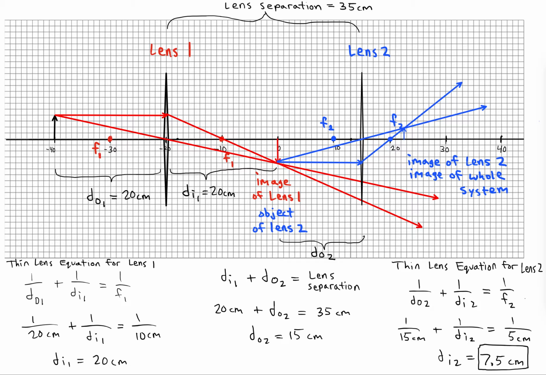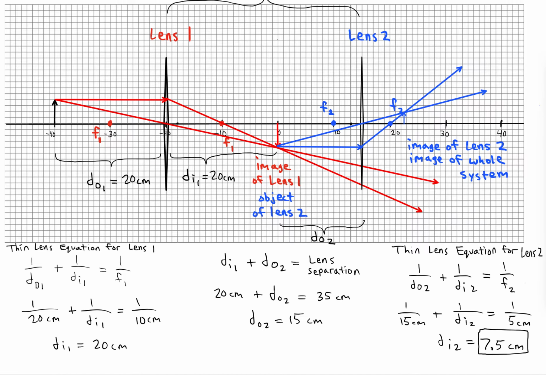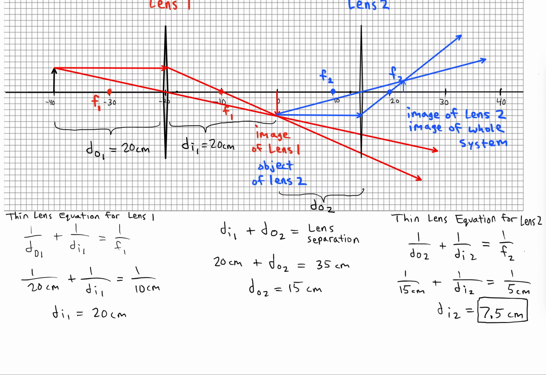Alright, so one of the other things we'll want to find is the magnification. So let's do that down here. The total magnification will be the product of the magnification due to lens 1 and the magnification due to lens 2.